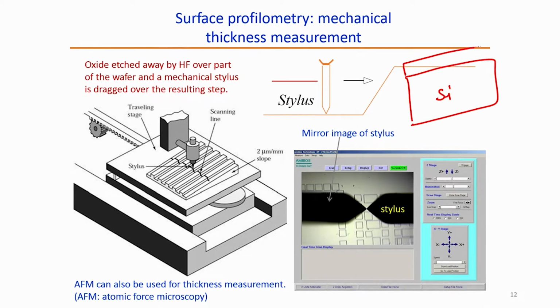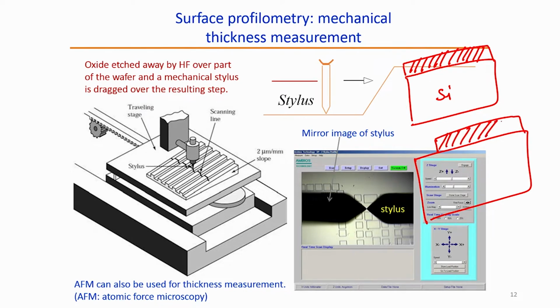I am growing a silicon dioxide using thermal oxidation, which you have seen in the last lecture, and then I am patterning this using photolithography to form the steps, this particular step. Now, if I use this stylus profilometer, what will happen? The stylus will start moving from here and it will come here. When it comes here, it will create this step. So, this height can be measured with the help of the stylus profilometer.